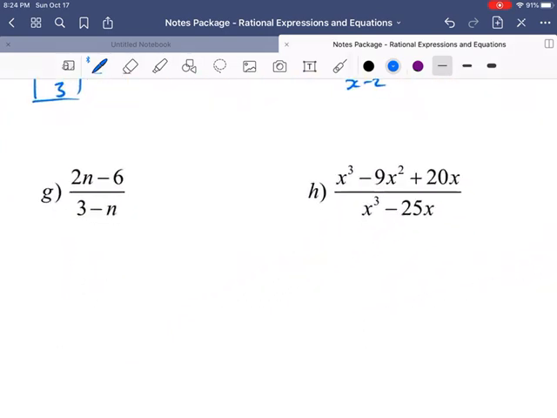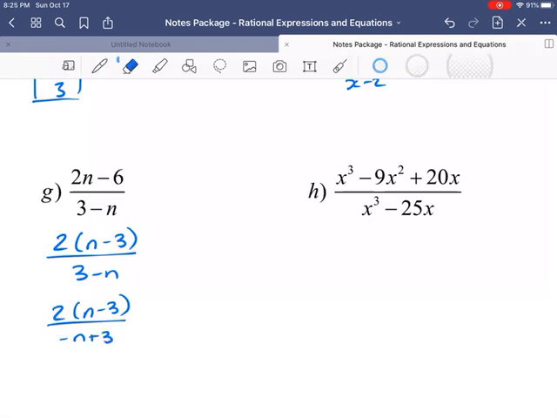Okay. If you factor a 2 out of the numerator, you're left with n minus 3, and the denominator kind of looks similar, but it's not the same. So if I rearrange the denominator, they're so close. This is positive n, this is negative n, and this is negative 3, and this is positive 3.